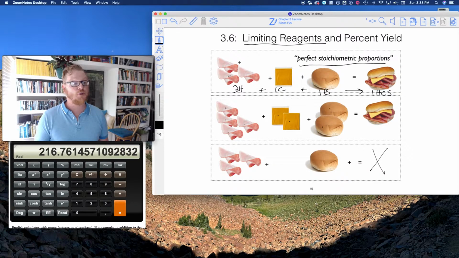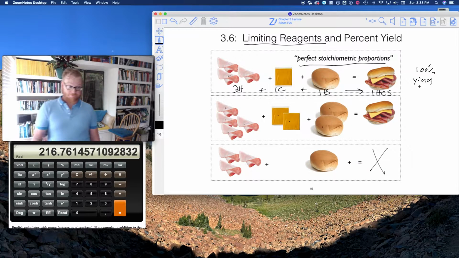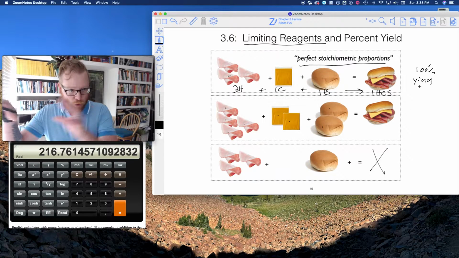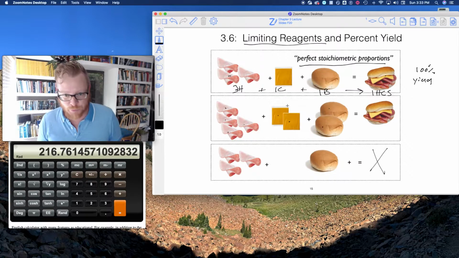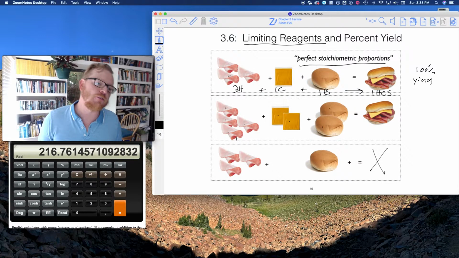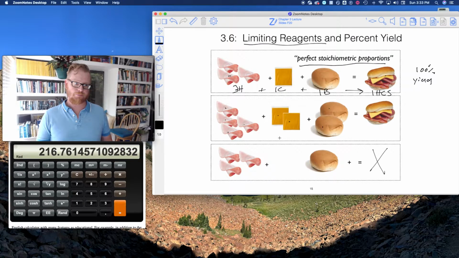So suppose I do this thing, right, with the 3 hams and the 1 cheese and the 1 bun, and it makes exactly 1 ham and cheese sandwich. 100% yield. That means I didn't waste any reagents, okay? That means everything was consumed perfectly and made exactly what I was expecting. This is still a 100% yield. I just had leftover ham and cheese, okay?